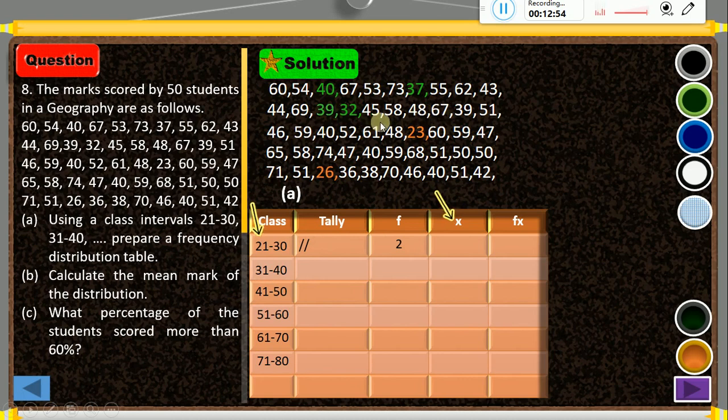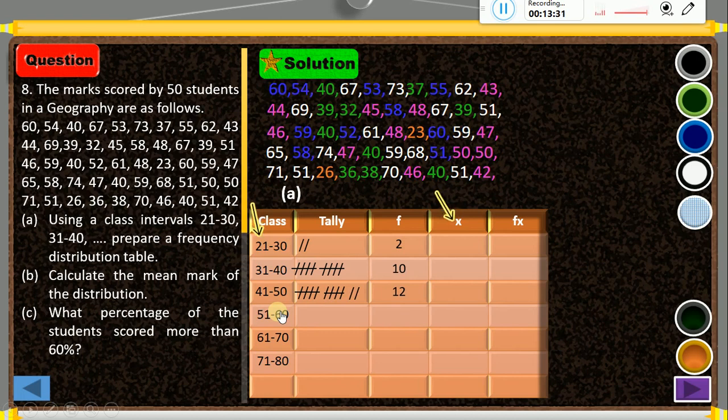You can count them as the numbers are changing color. You can see they are 10 in all. Then we go to the next class. You can count along. At the end of the counting, you discover that we have a total of 12. Then the next class, the blue color is being highlighted.